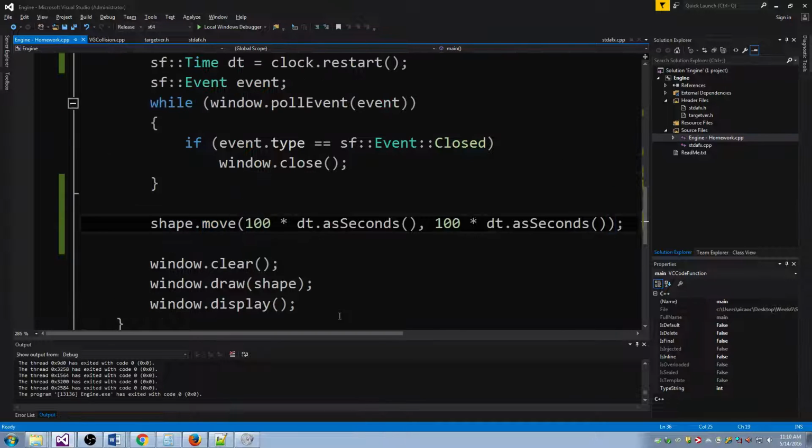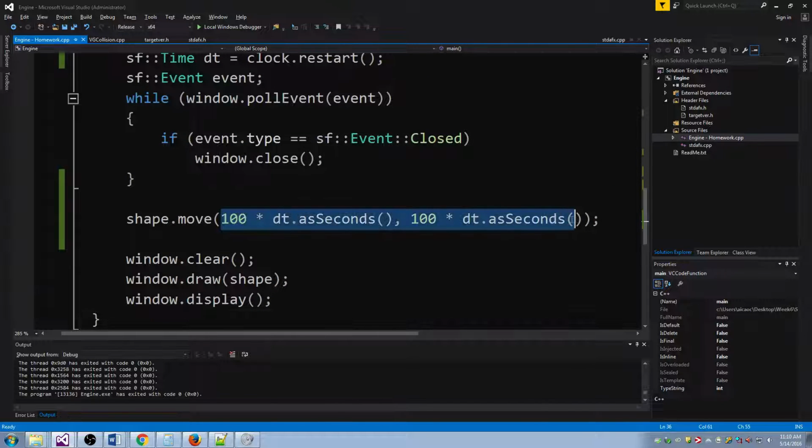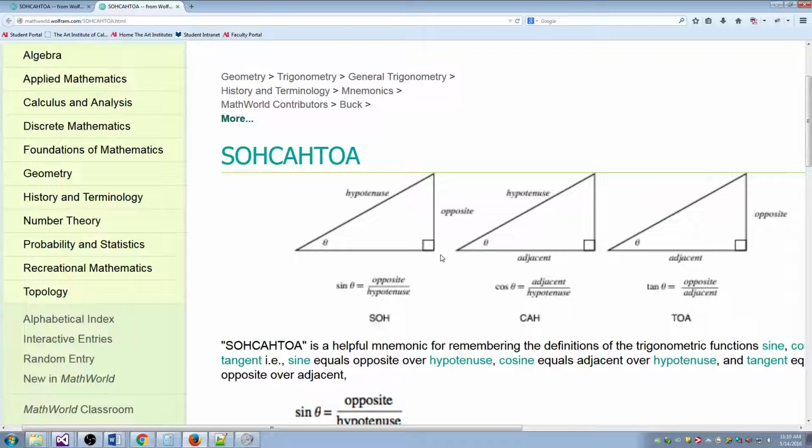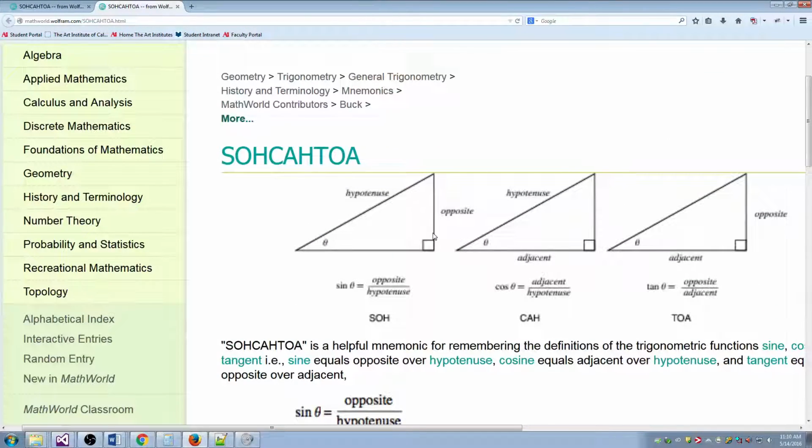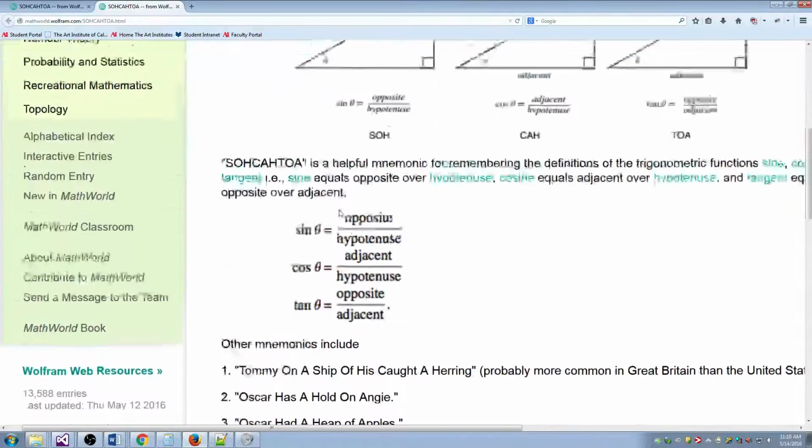So when I wanted to move 100 pixels per second, how do I figure that out? This web page here tells you exactly what you need. The trick is that you need to solve for the y and the x velocity. And it just so happens that these triangles put little labels next to what is y and x here. So there's a couple formulas here.